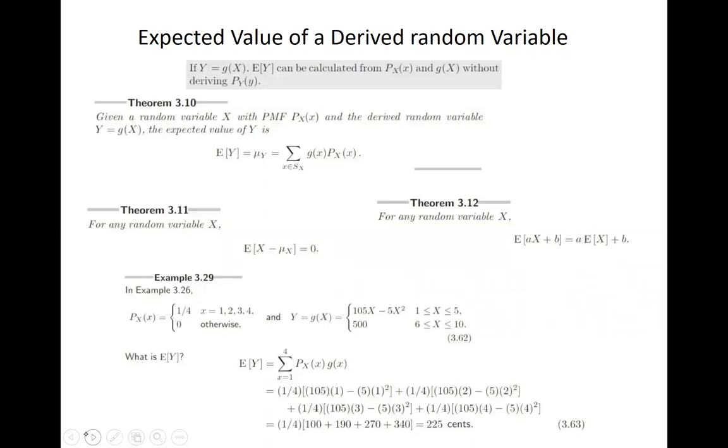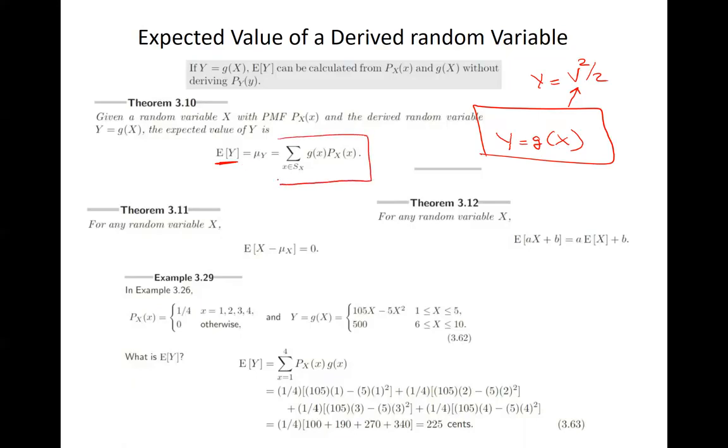Expected value of a derived random variable. As we can see in the previous slide, we got y, which is a function of x. If this is given, as in the previous example, it was v squared over 2. So we can determine the expected value by using this formula.